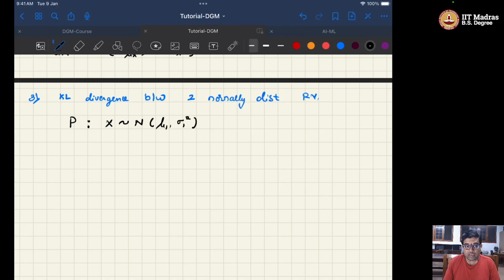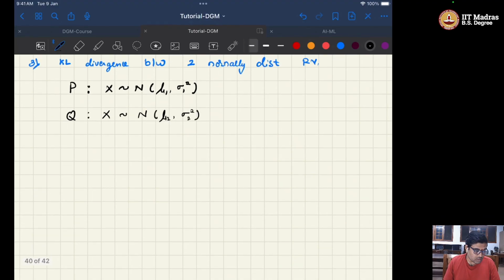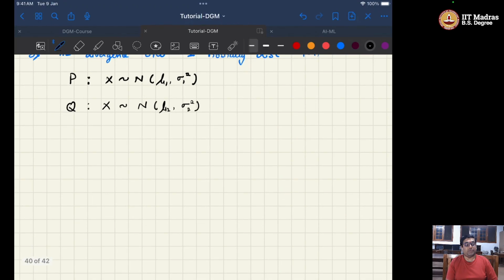You cannot take X and Y here, because whenever you are calculating KL divergence, the support for P and Q has to be seen. So you have to refer to it as X only, otherwise notationally it doesn't make sense. This is also on the same space, normal with mu2 and sigma 2 square. Now you have to find the KL divergence between these two.